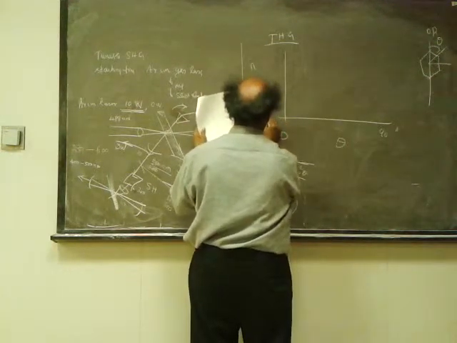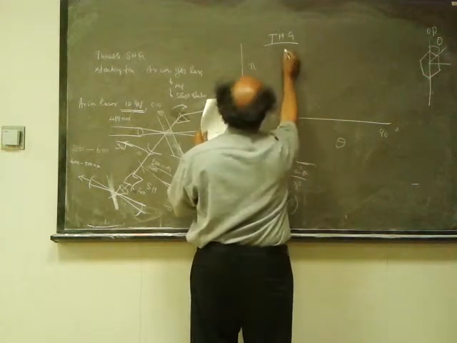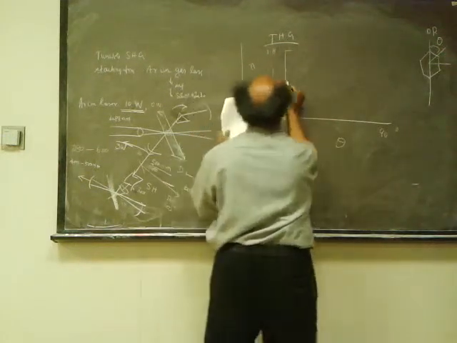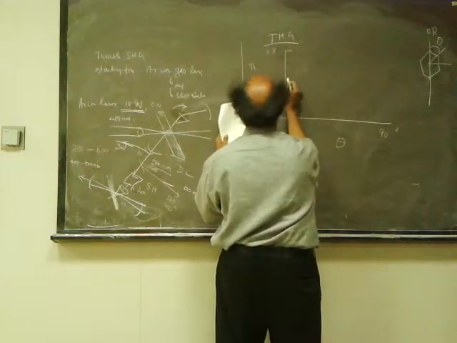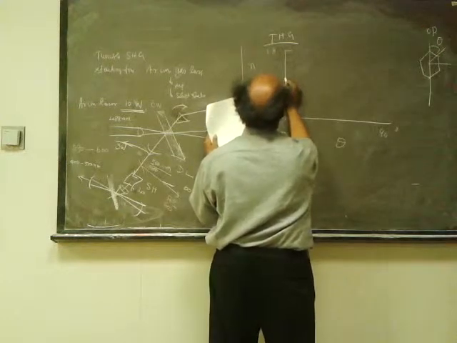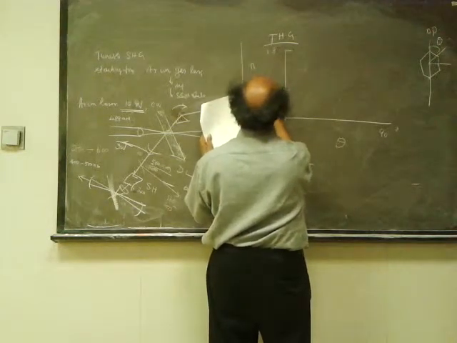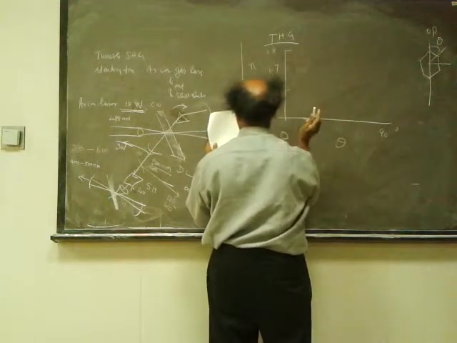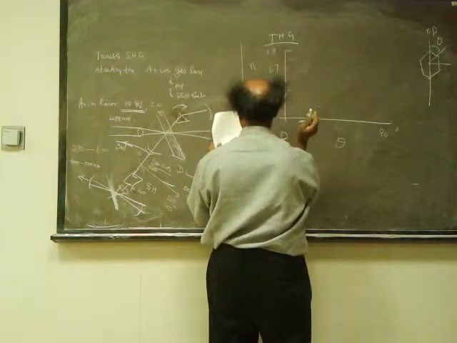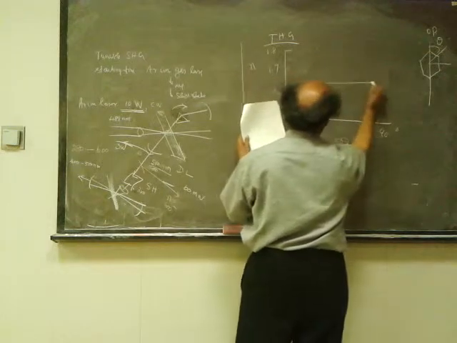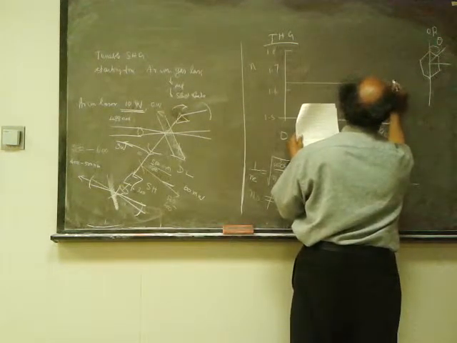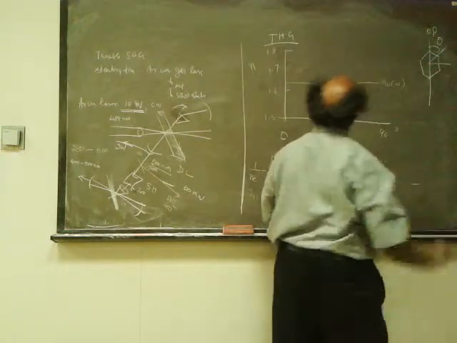This is 1.5. This is 1.8. Now this represents 1.6, 1.7. Now next step, this represents N_O of omega.